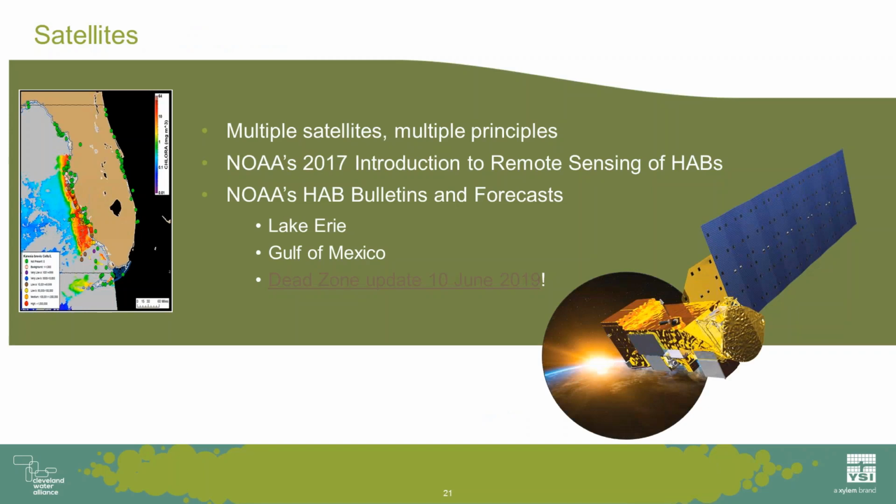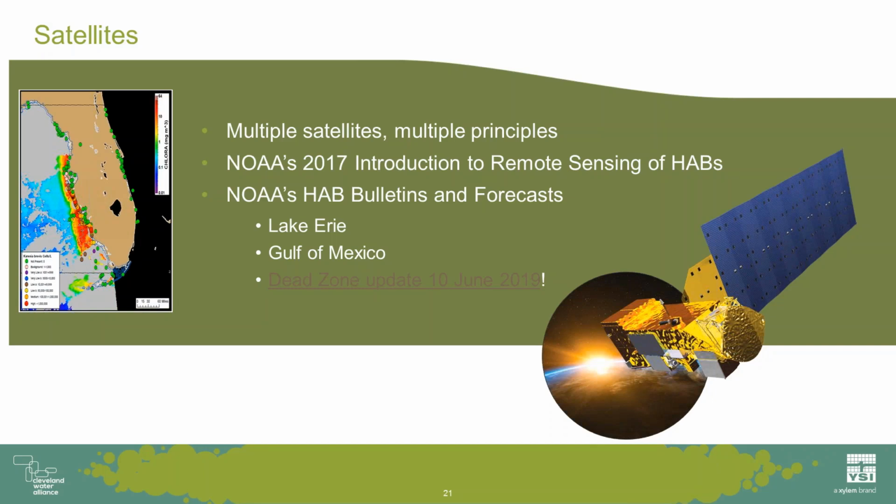We won't talk a lot about satellites. Sensors are now being complemented by these hyperspectral analyses, which occur at a gross scale. We won't discuss this a lot today, but I do want to point you to an update that just came out yesterday. I've got the hyperlink provided in this slide, and I want to thank my colleagues that forwarded this on to me. This is about the dead zone in the Gulf of Mexico, and it demonstrates the utility of this satellite technology.